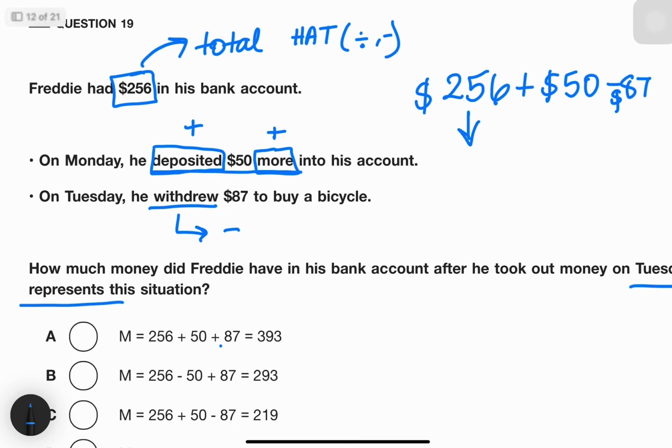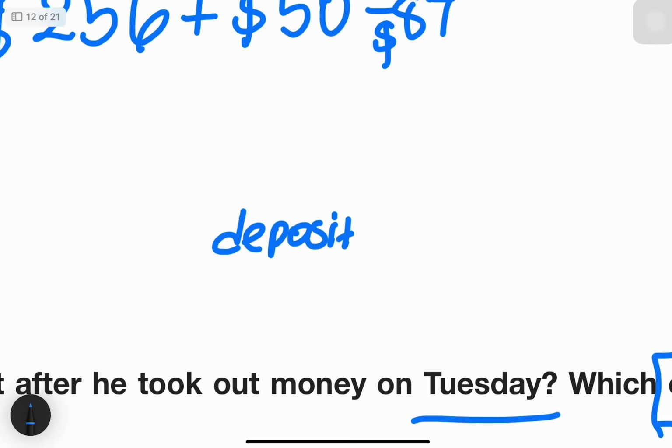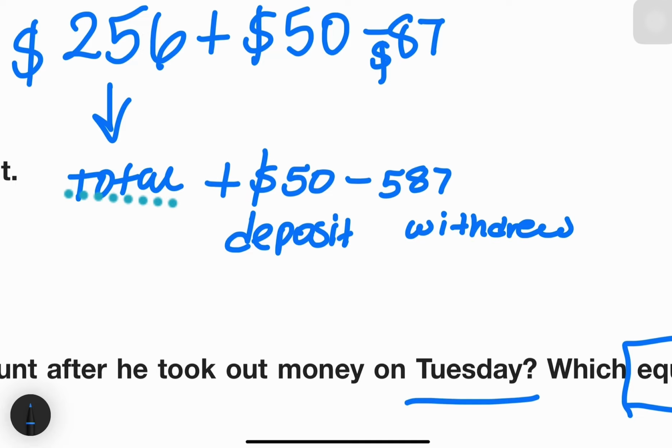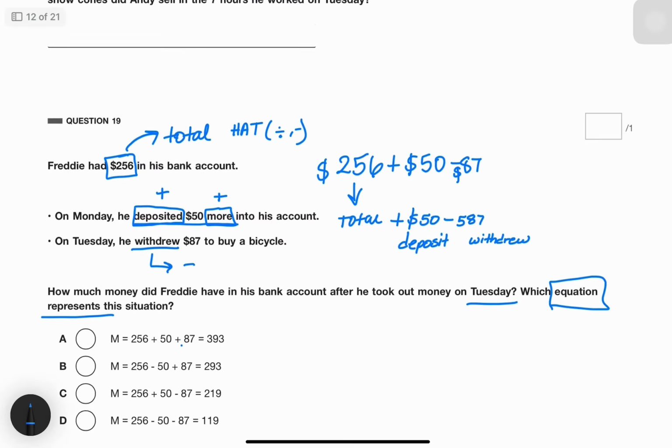Essentially, you're going to do your total plus the $50, what you deposit, and then you're going to subtract what you just withdrew, which is the $87. Because remember, withdrew means to subtract.